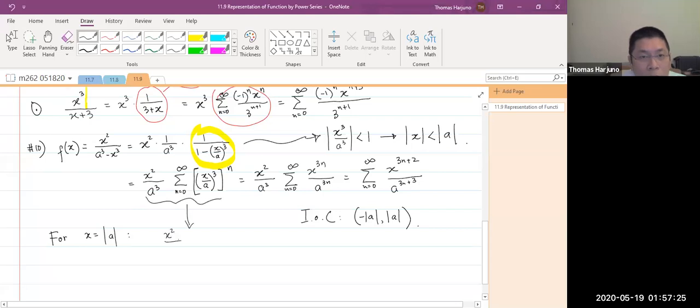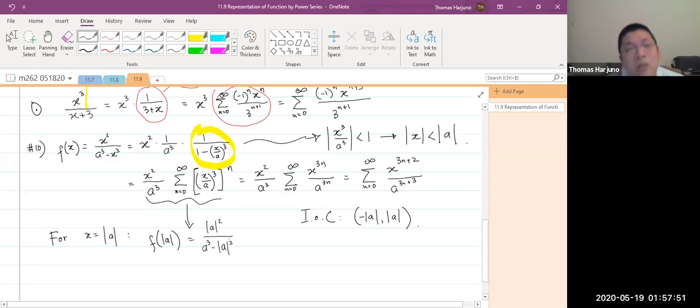X squared over, I'm sorry, not yet. I need to come from the function. So f of absolute value of a, the thing is I don't know if my a is positive or negative. That's why I use absolute value of a to make it positive. So this is absolute value of a squared over a cubed minus absolute value of a cubed.